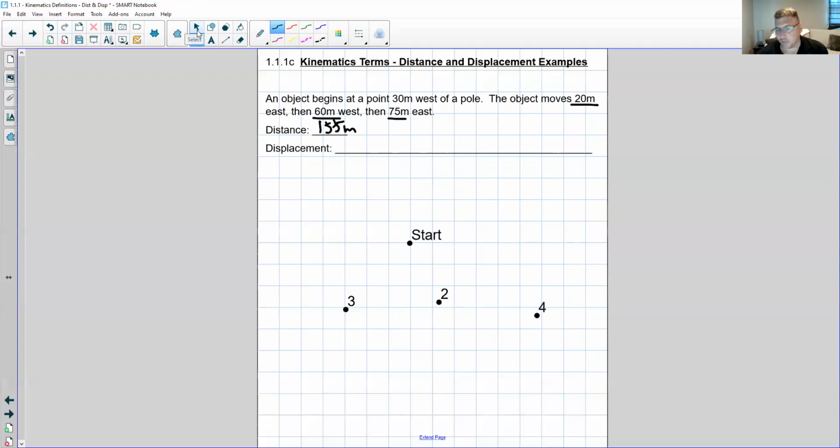We need to draw a pole here. So just going to draw a pole here. Here's our pole. And here's the starting point, 30 meters west of the pole.